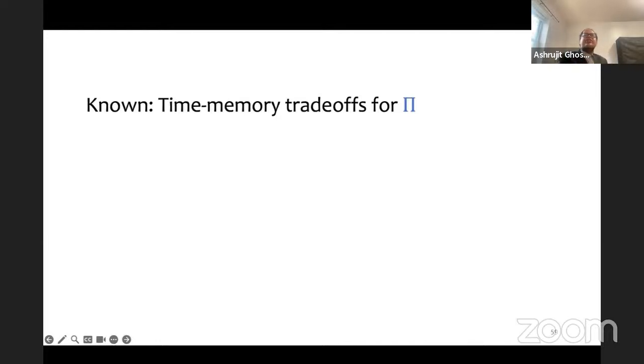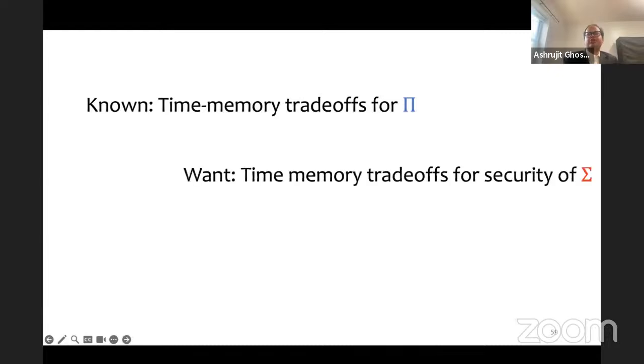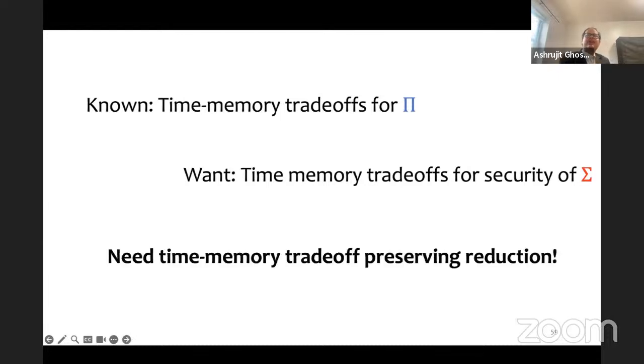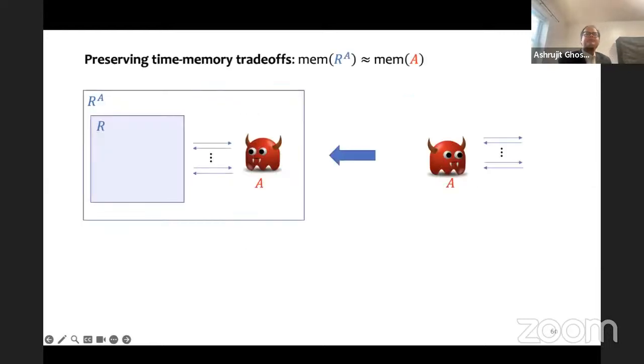Often there are known time memory trade-offs for pi, and we want to show time memory trade-offs for security of sigma. For this, we need a reduction R that preserves this trade-off. What I mean by this is that the memory of R when it runs A should be very close to the memory of A.